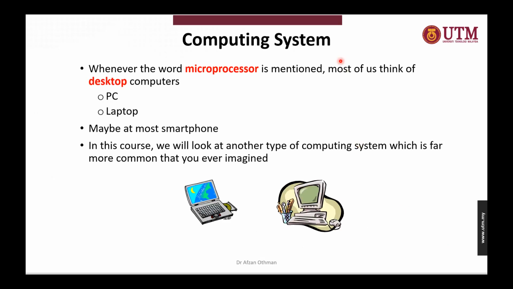Whenever the word microprocessor, or sometimes processor, is mentioned, most of us will think of the desktop computer, either a PC or a laptop. If you ask what the processor of your PC is, it may be an Intel processor, an AMD processor, or an Apple processor.